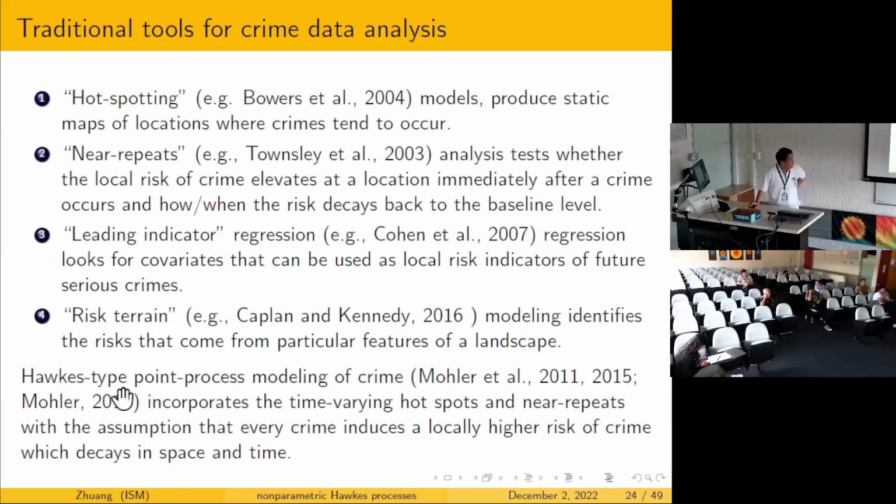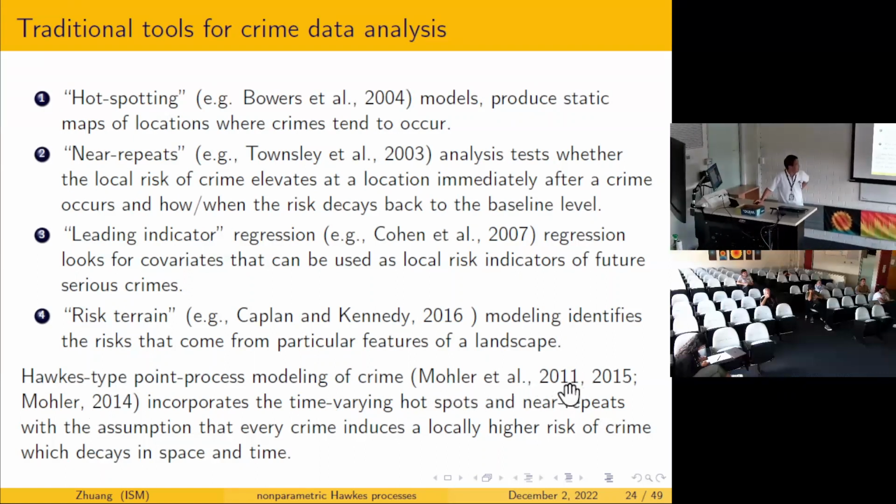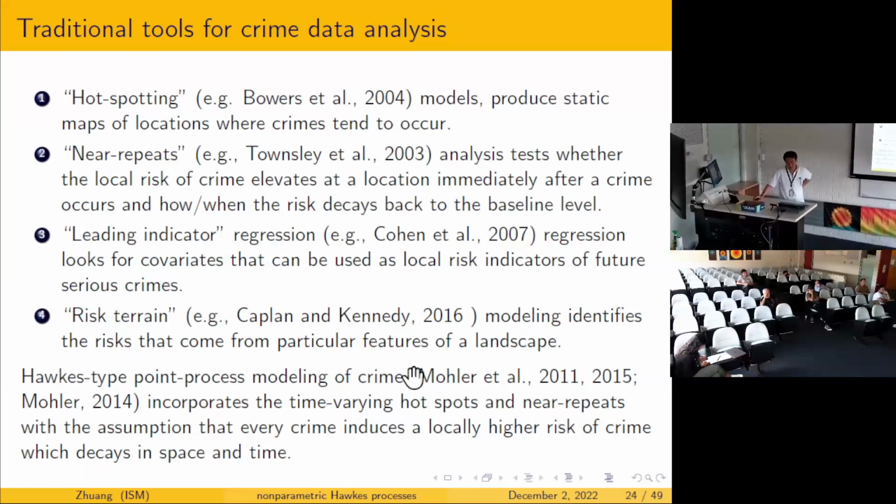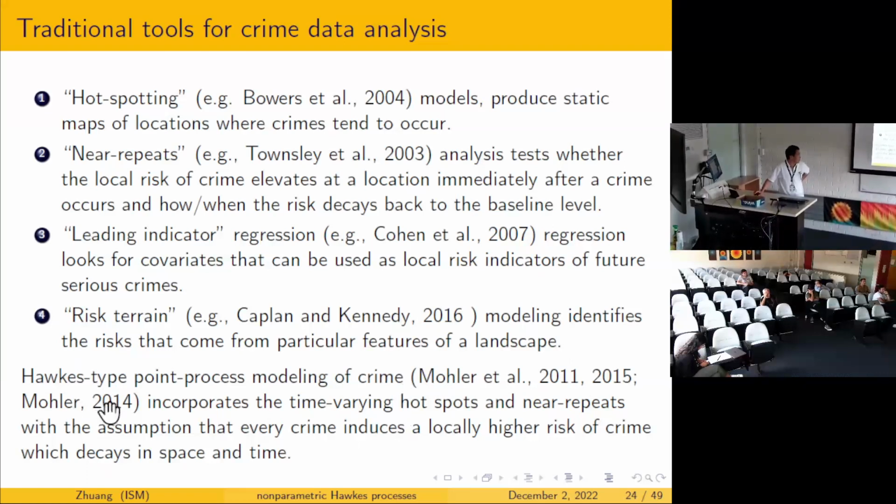The Hawkes-type process model was introduced by Mohler in this year, and after that, Mohler published a series of papers using the Hawkes model to predict earthquakes and crime behavior. Those models come from the UCLA Rick Schoenberg research group.